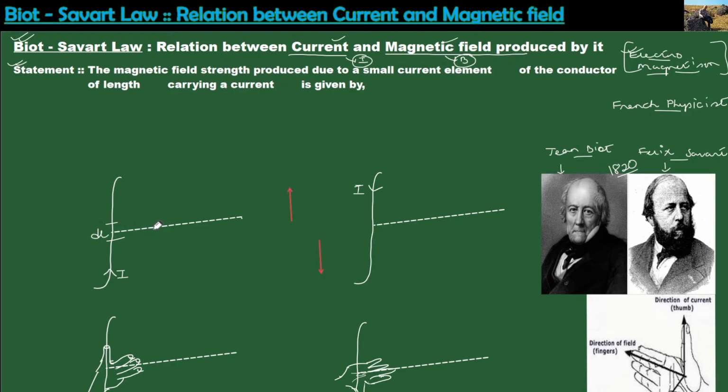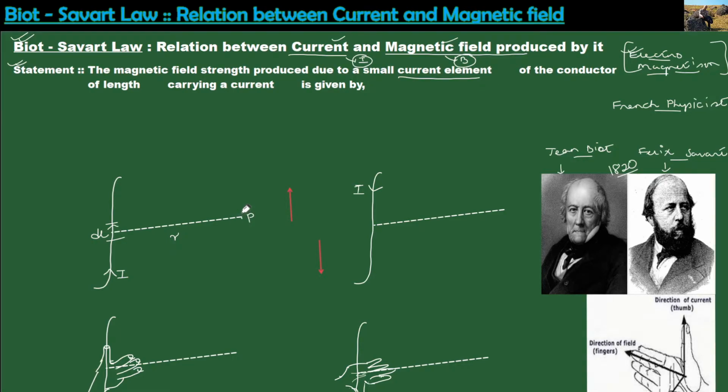Then suppose I consider any point P at a distance r away from this current element. Here, I dl is our current element vector. It will produce a magnetic field at this particular point.